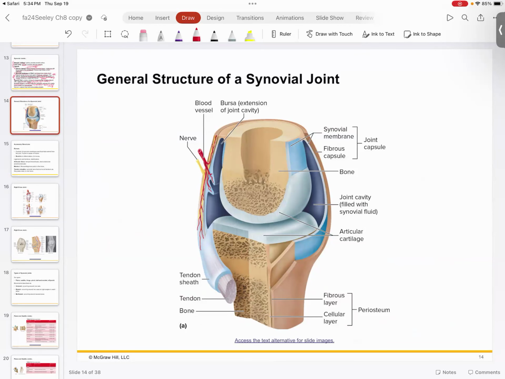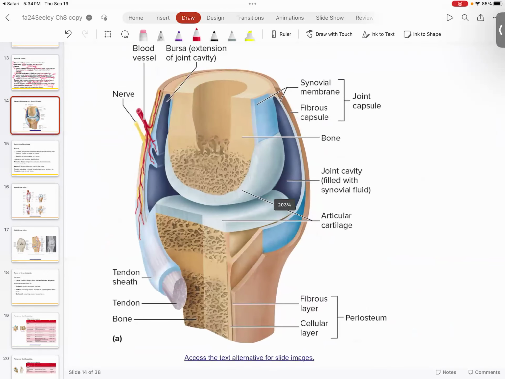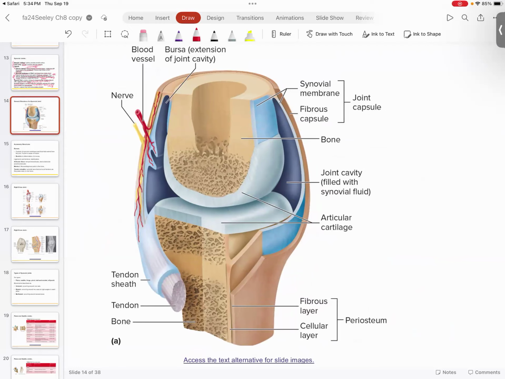So here's our basic knee joint. They're just trying to be generic here, bone on bone, but clearly what we're looking at is probably more like a knee. And so you can see that as you have your periosteum, your fibrous connection of your periosteum coming in to the outer layer of the bone, from that you're going to get the extension of the membrane.